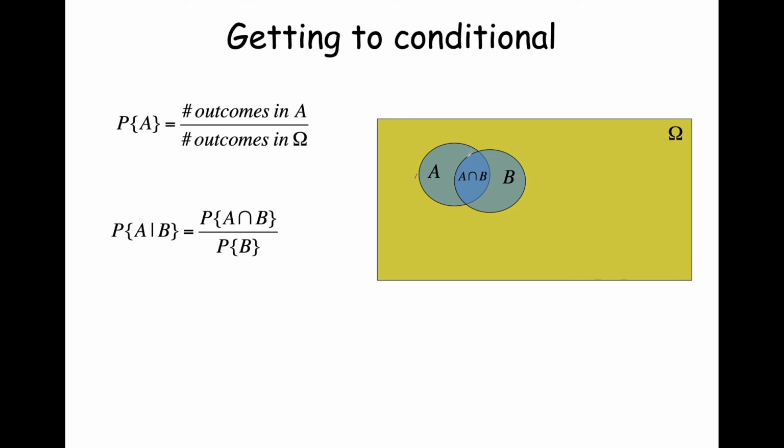I'm only considering that part of omega corresponding to event B. So now that I limit my universe of consideration to those portions that make up event B, I'm going to evaluate from that new universe of consideration the probability that event A is true.